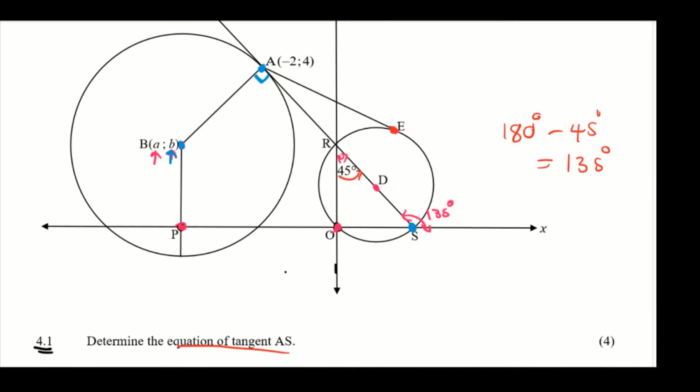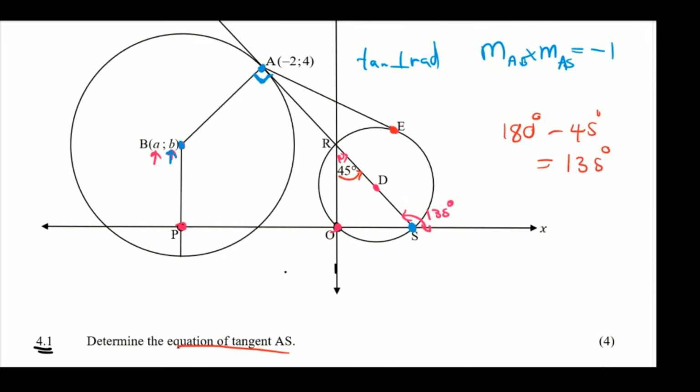Why are they perpendicular? It's because a tangent is perpendicular to the radius, one of your theorems. So if lines are perpendicular, the gradient of AB, when you multiply it with the gradient of the line AS, must give you -1, right?